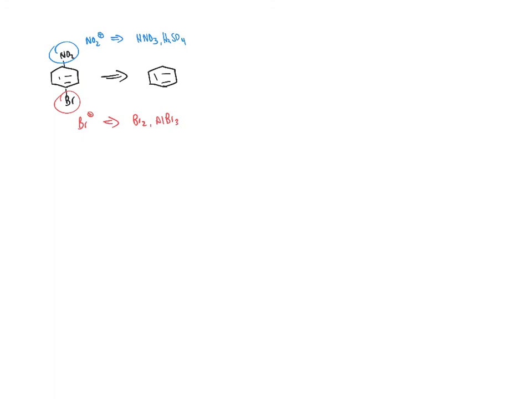What are the substituent effects? Ortho-para-directing ability for bromine, meta-directing ability for the nitro group. And so if you put the nitro group on first, the bromine would go to the meta positions from nitro. We don't want that. And so what we need to do is to add on the bromine first.